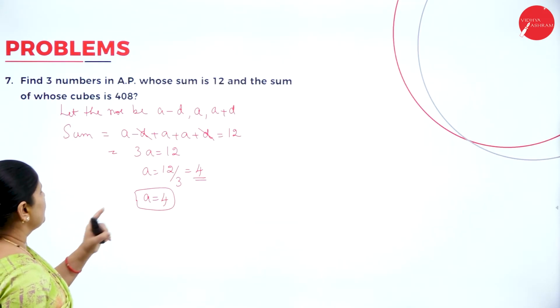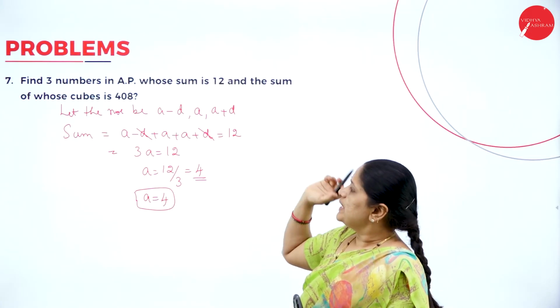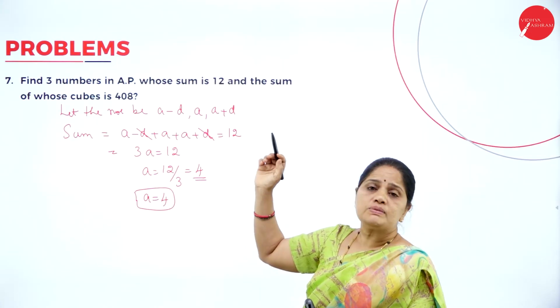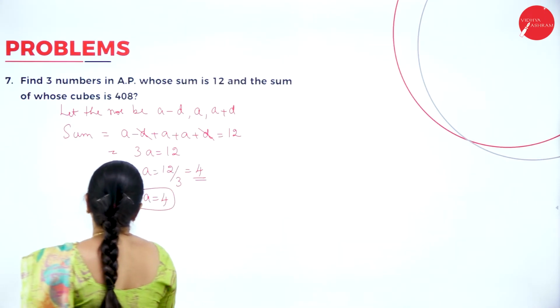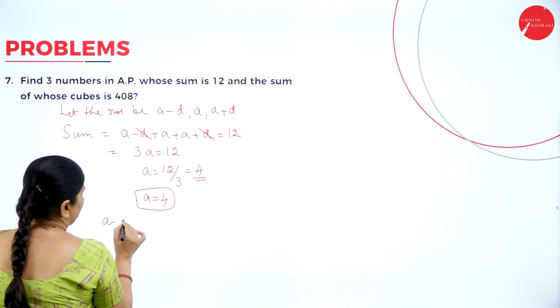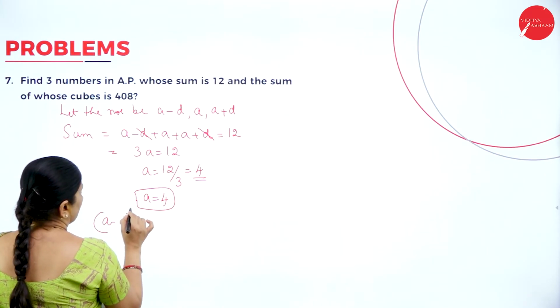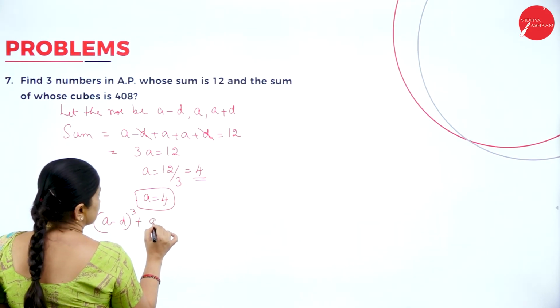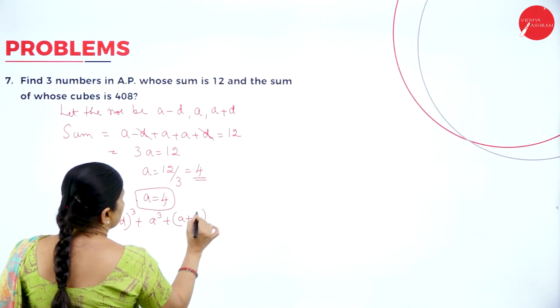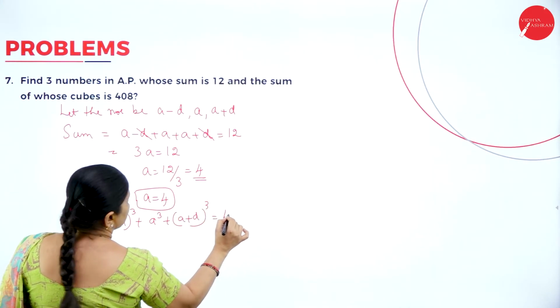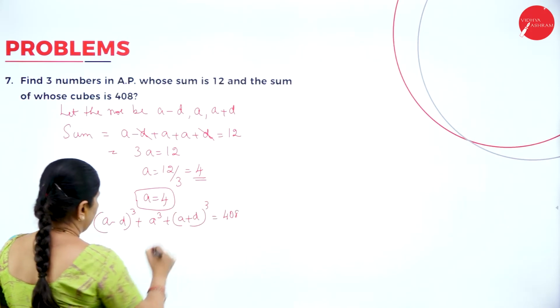A is 4. Now, what is the next step they have given? The sum of the cubes is 408. So, what I will write is A minus D the whole cube plus A cube plus A plus D the whole cube equals 408.